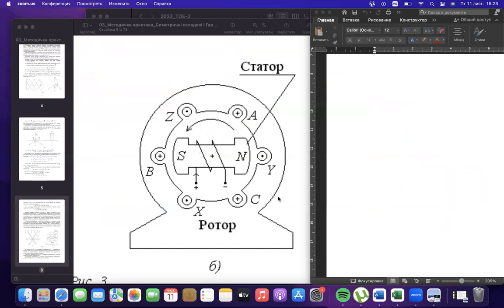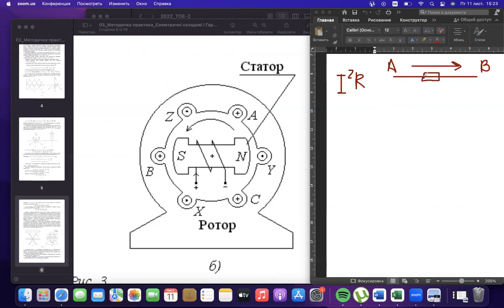The second reason is efficiency of transportation. Because we have Joule heating, I square R, let's assume that we have some wire, and we want to transport electricity from point A to point B.